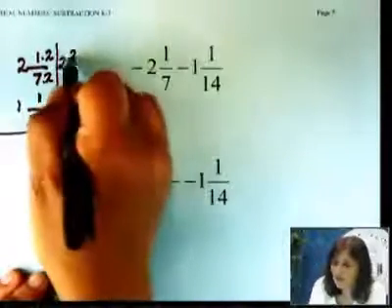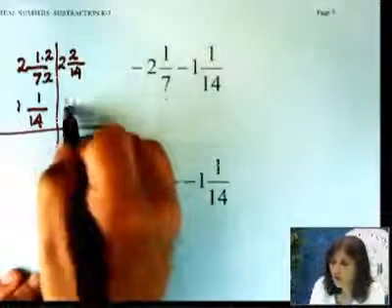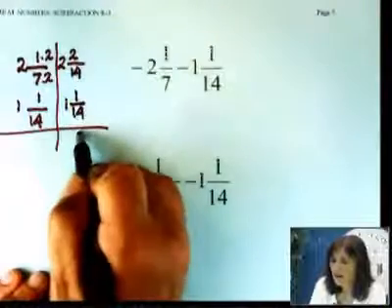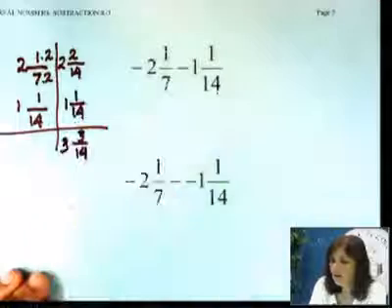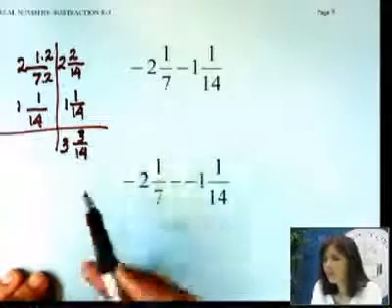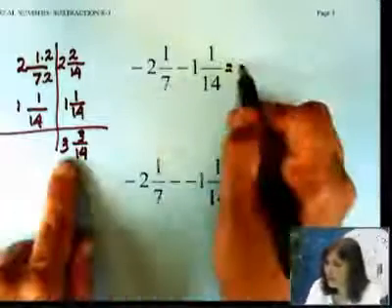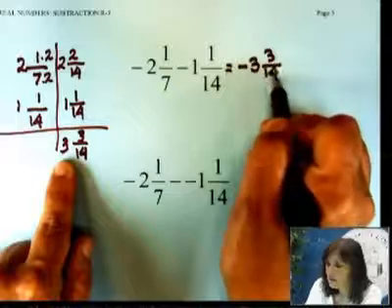So you have 2 and 2/14 by multiplying top and bottom by 2, and 1 and 1/14. When you add 2 and 1, and you add 2/14 and 1/14, you end up with 3 and 3/14. But since it was a negative to the left, another negative to the left, you're going to end up with negative 3 and 3/14. Does it make sense?